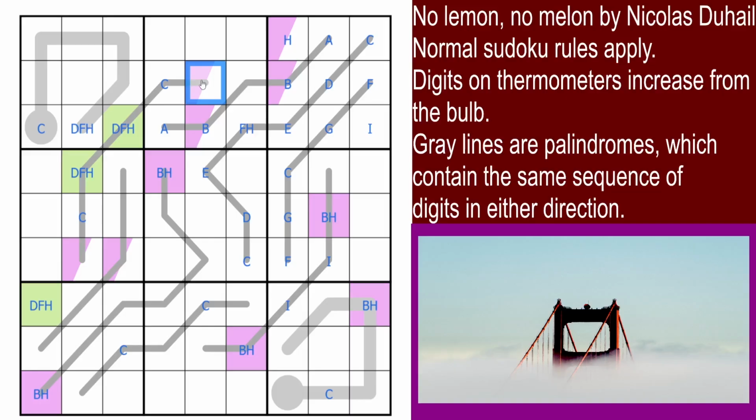If that's pink, then that would be pink. If that's pink, that is H. That is H. Maybe there is some problem with H.